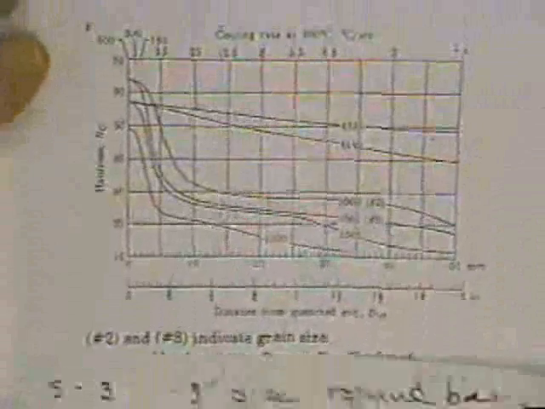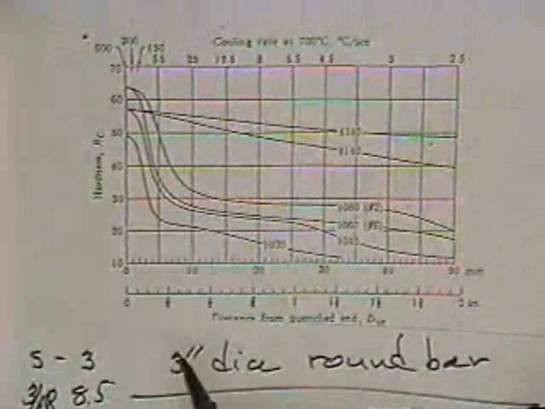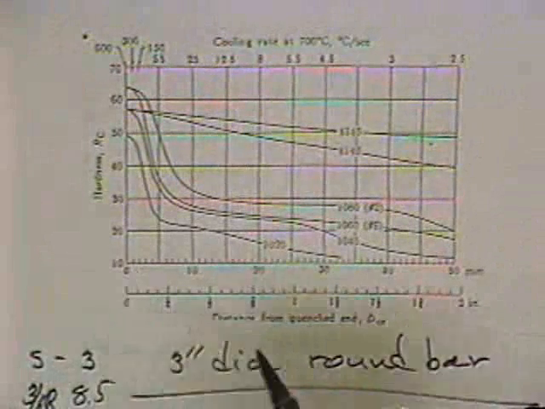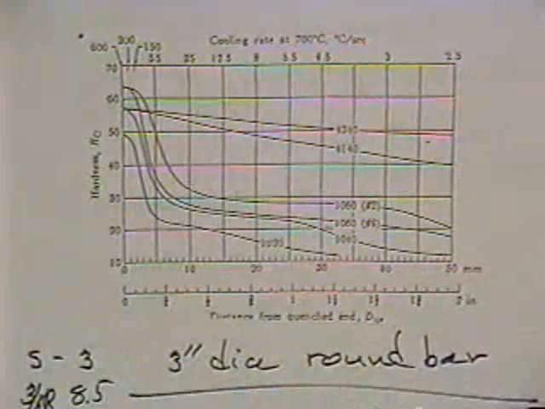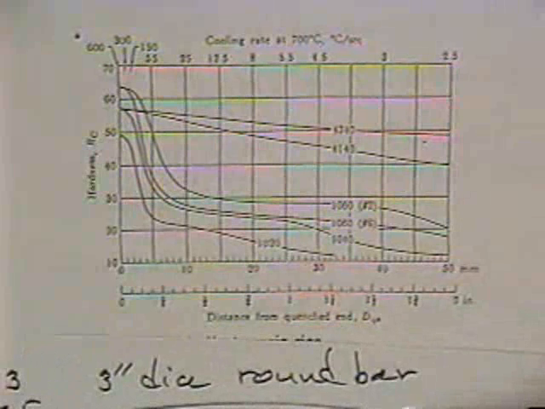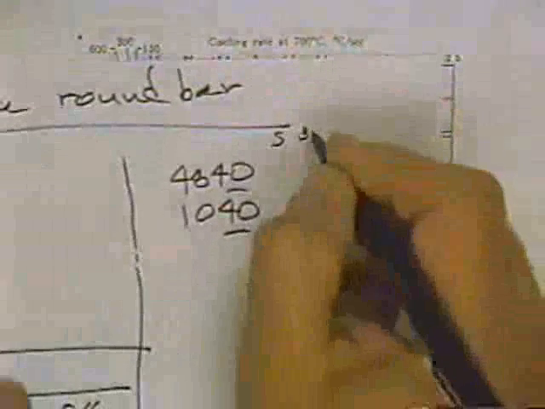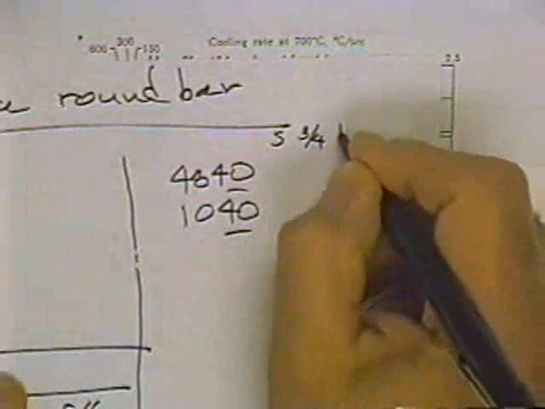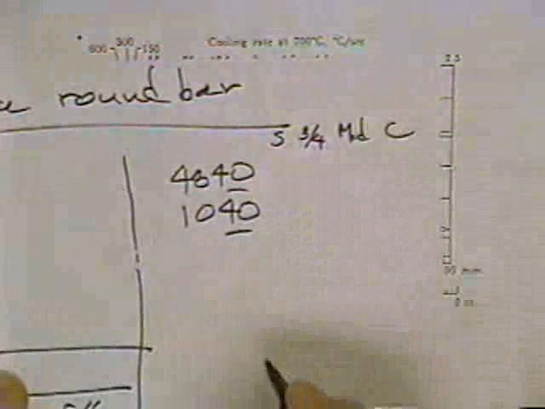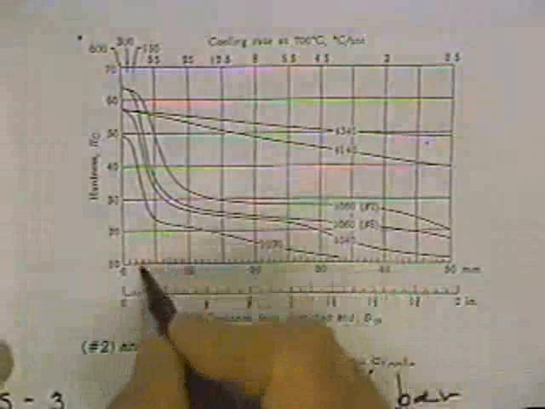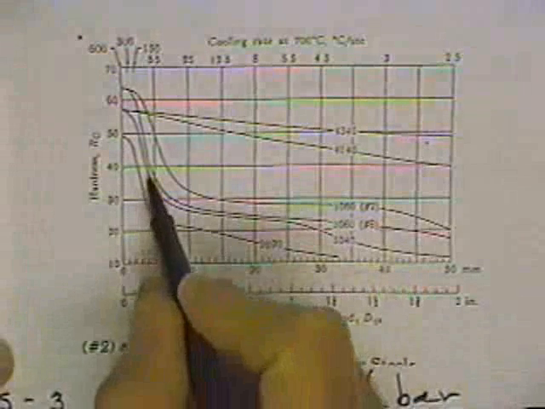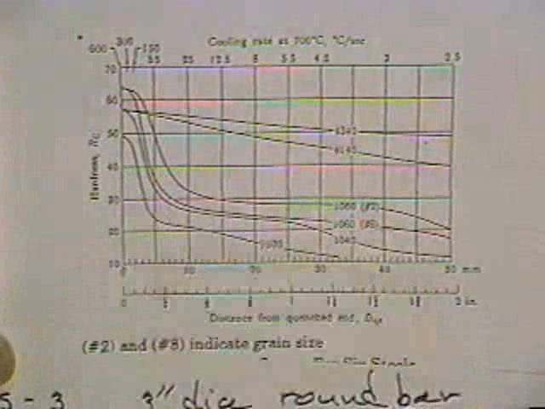Now we go on back up to the geometry curve, and at 3 millimeters, 1, 2, 3, what were the two steels we had? Let's see, 1040 and 1020. Let's go ahead and just list the values here. Surface, 3/4, mid, and center. And now for the 1040 steel, at 3, we would have a hardness of about 37.